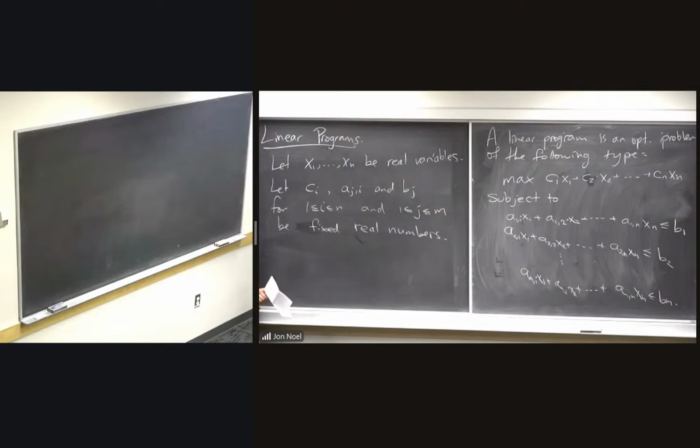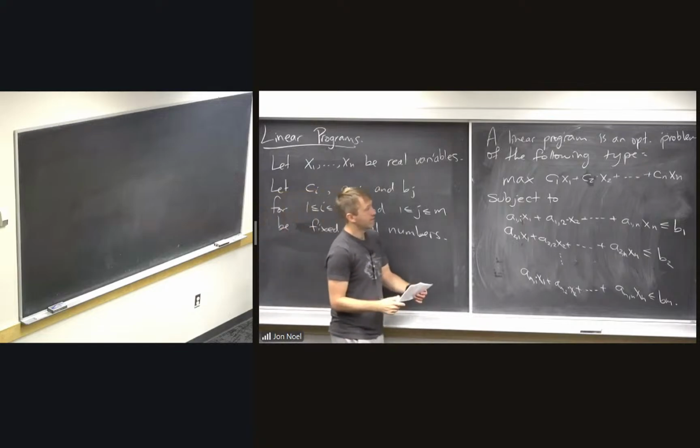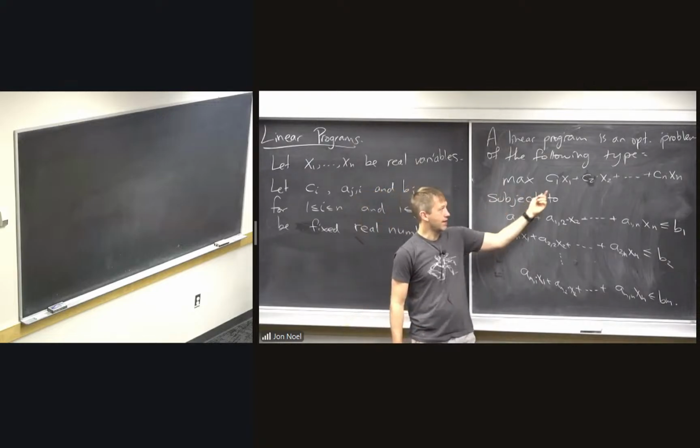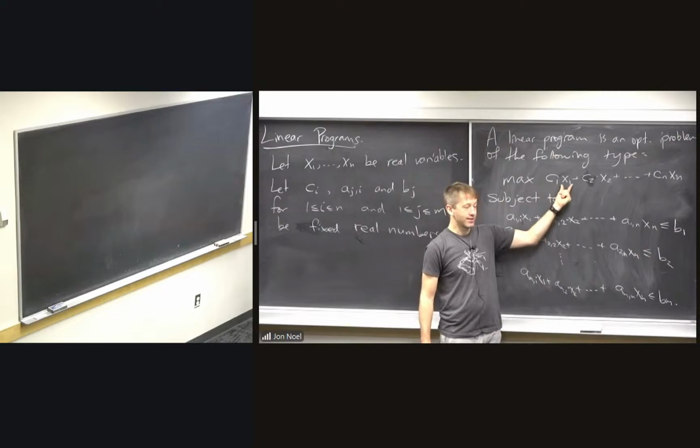Notationally, it's a little bit awkward to write down. But the key idea is that here we are maximizing a linear objective function. If I think of the x's as being my variables, this is just a linear function of the variables.